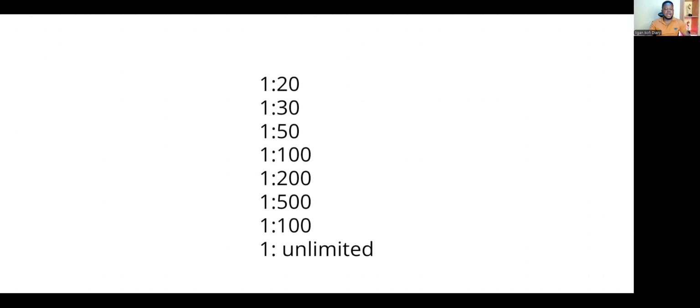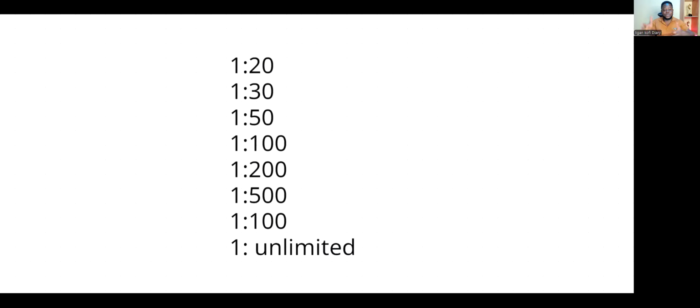All right. So a broker may give you some leverages like this: 1:1, 1:20, 1:30, 1:50, 1:100, 1:200, 1:500, 1:1000, 1:unlimited. Okay. Now, the broker is asking you to choose.